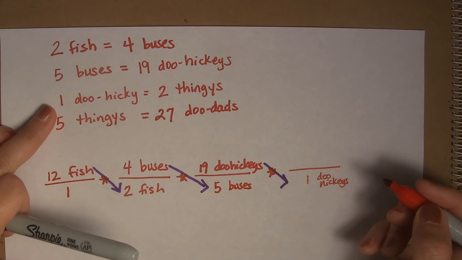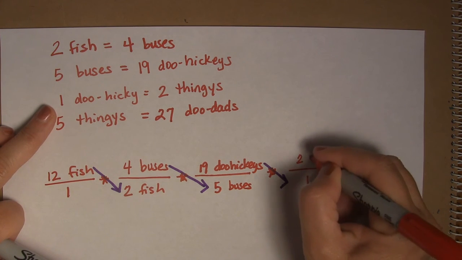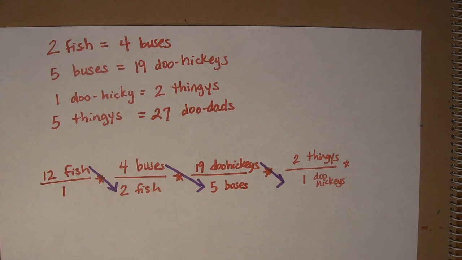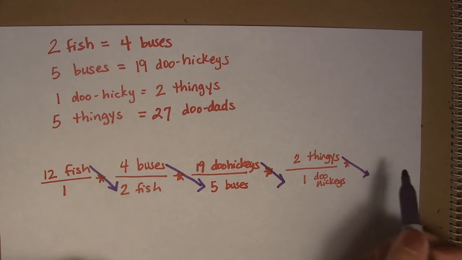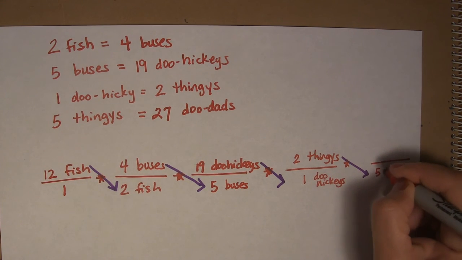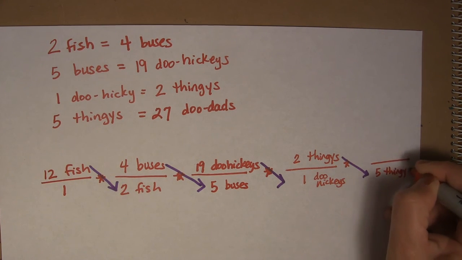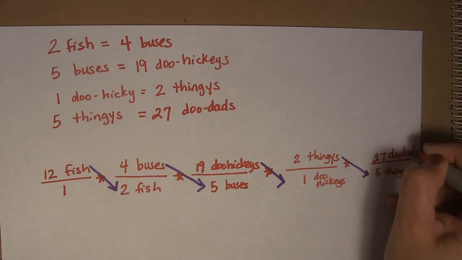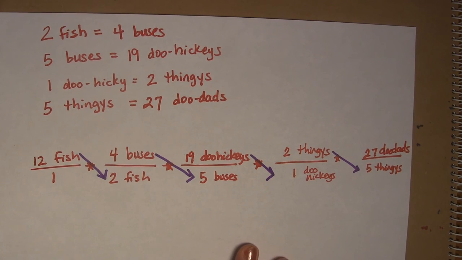And I know that 1 doohickey gives me 2 thingies. And then I'm going to convert thingies to doodads. And I know that 5 thingies equals 27 doodads. Do you see how I've set that up?